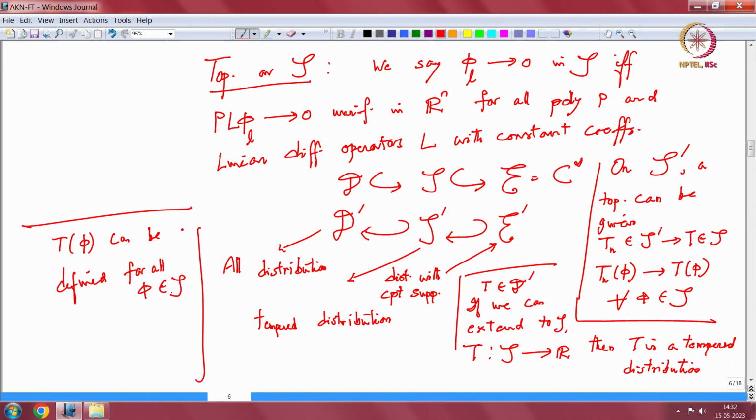Distributions with compact support are also tempered, because if the distribution has compact support, it is already extended to E. In particular, there is an extension to zeta.